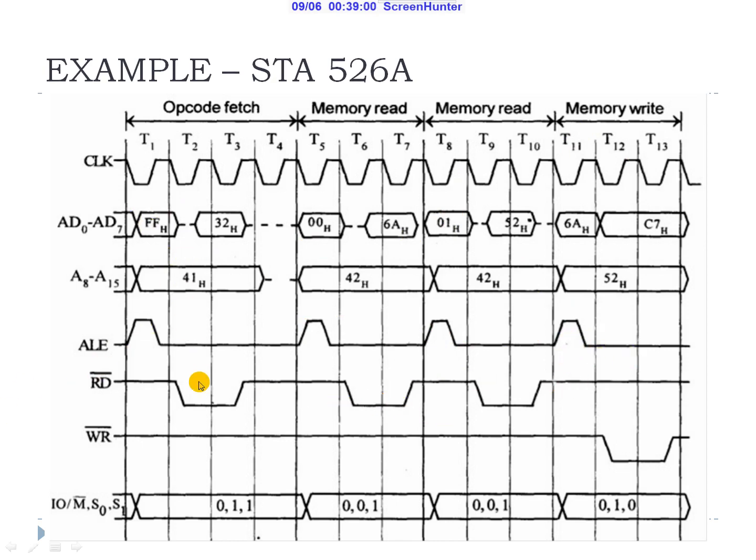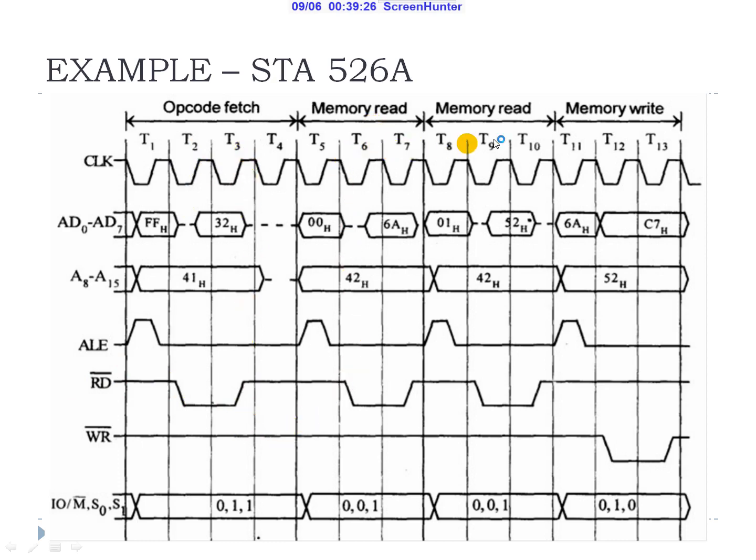Here you have to notice another thing: you have to give the read and write signals. In the opcode fetch you will have the read cycle from T2 to T3. This read signal has to be lowered because it is an active low signal, so it is lowered from the second T cycle to the third T cycle.